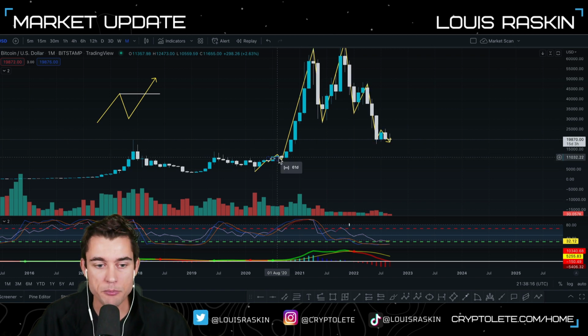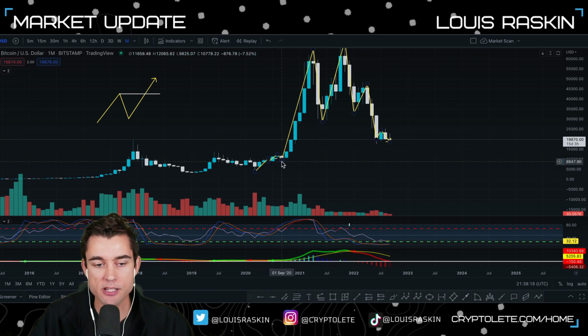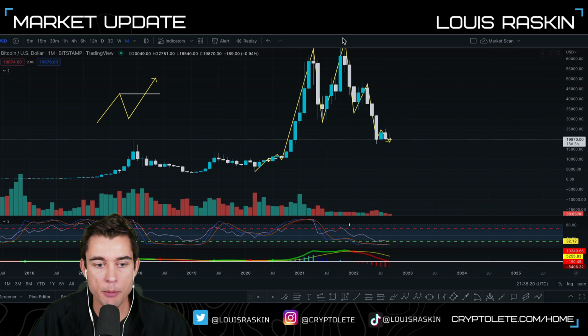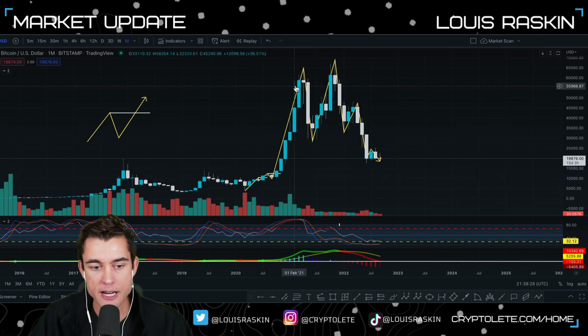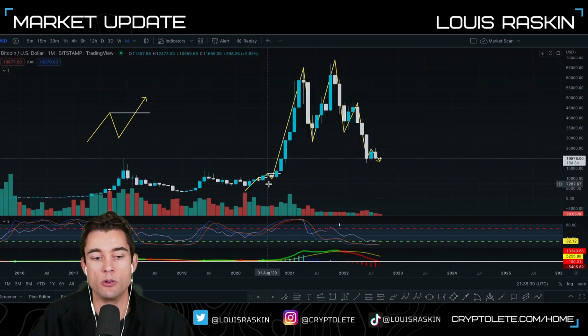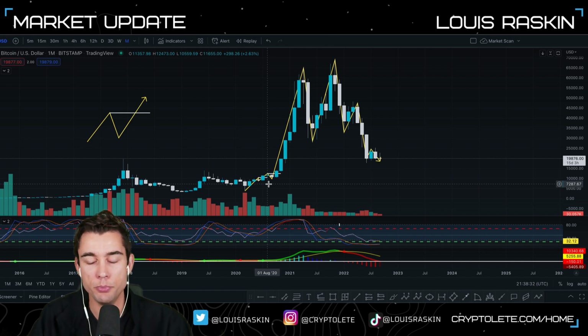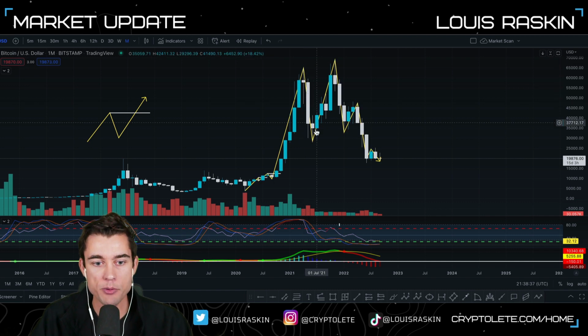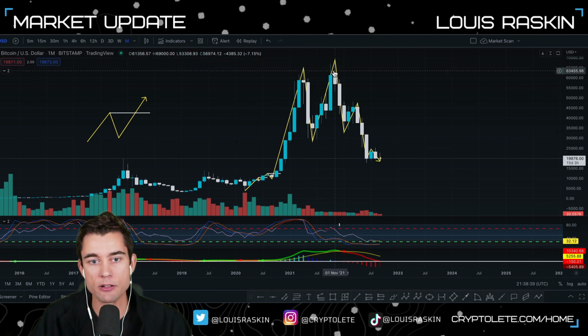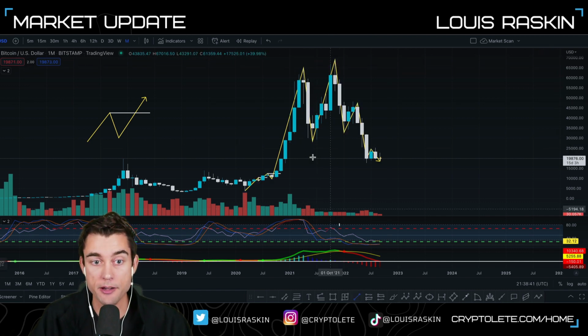Then we came down and we had a retracement followed by an expansion up. So right here is the second bullish market structure break, because we are breaking new highs, so we're breaking into new bullish territory. Then we made a high, we made a higher low, and then even right here, we made a higher high, another higher high.